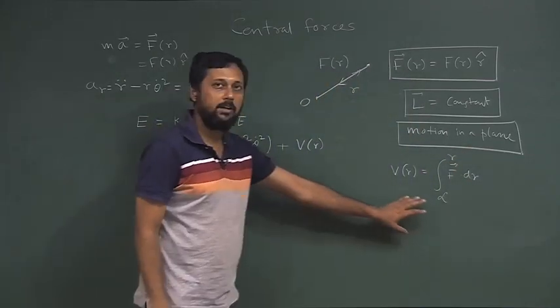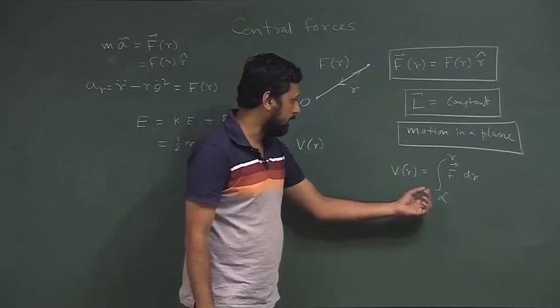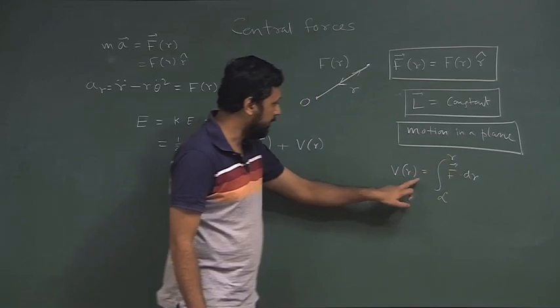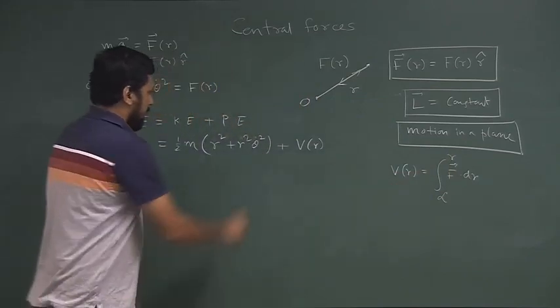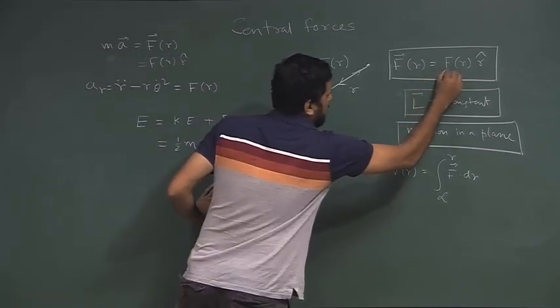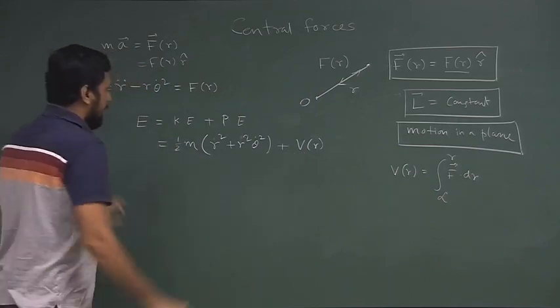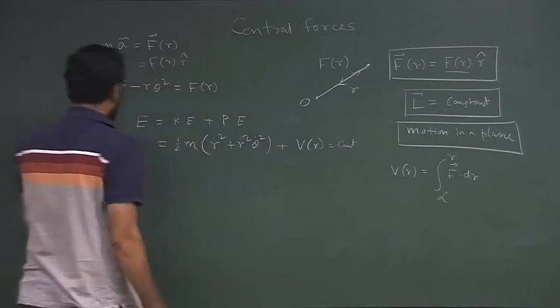Potential by definition is the work done in bringing the particle in question from infinite distance to a distance r, which gives the potential at a point r. Assuming that we know the functional form of F of r, we also have knowledge of V of r. And this whole thing is a constant, because E is a constant.